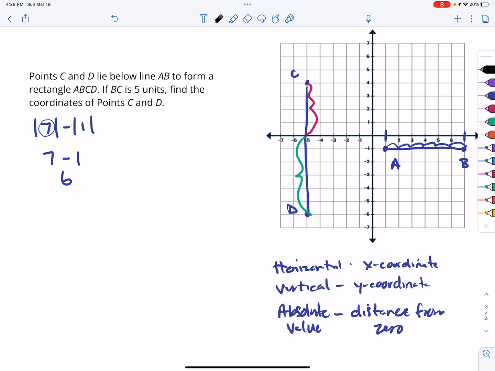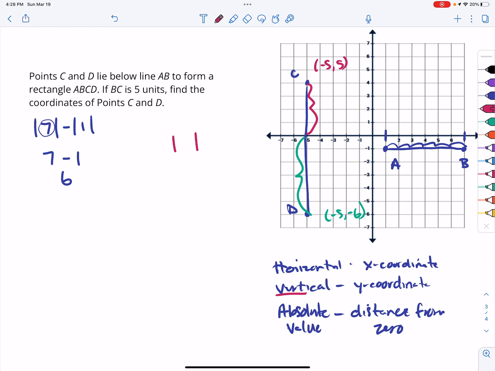So we would write this and say the absolute value, and notice this is vertical, so we're going to use the y coordinate, and C is at (-5, 4), and D is at (-5, -6).